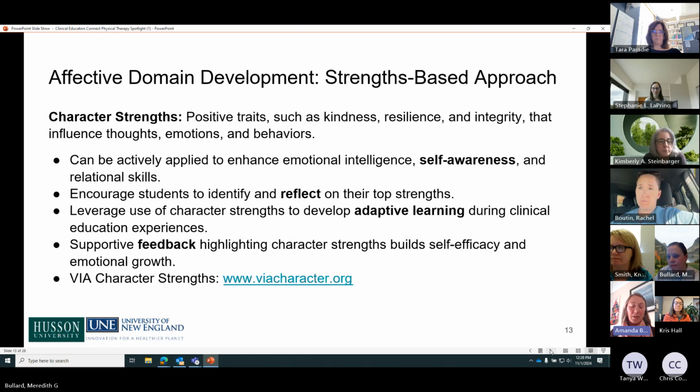In our program with the clinical education team at UNE, we take a strengths-based approach through the use of character strengths, specifically an evidence-based program called the VIA Character Strengths. You can visit their website for more information and to take their survey. We use character strengths to talk about positive traits such as kindness, gratitude, humor, resilience, and curiosity, in the context of building self-awareness and reflection during clinical education experiences.